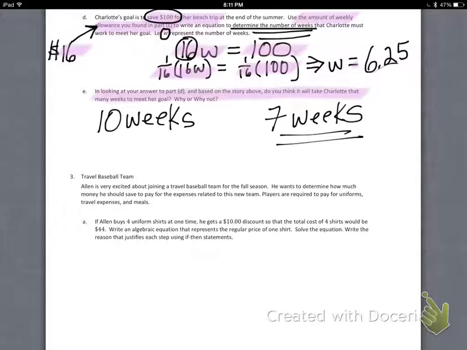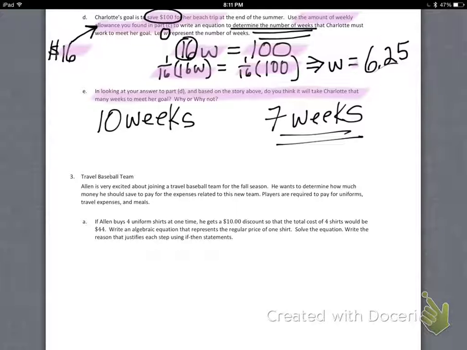All right, travel baseball team. This exercise number 3 will take us right to the end here, but it has many different parts up to part I, so let's take a few at a time as we go along. Let's read it. Alan is very excited about joining a travel baseball team for the fall season.